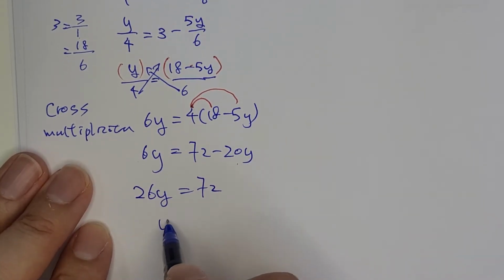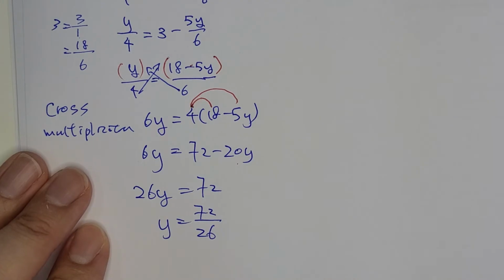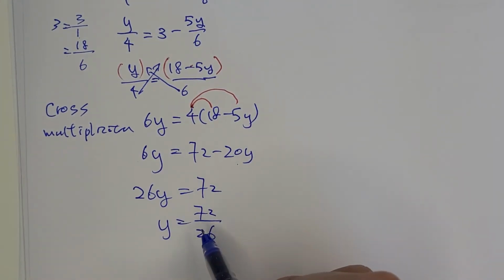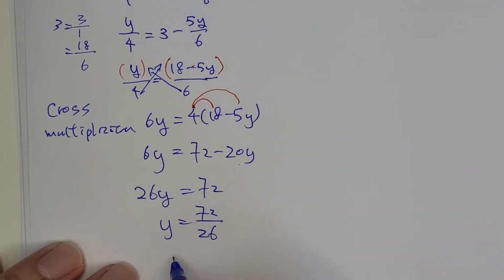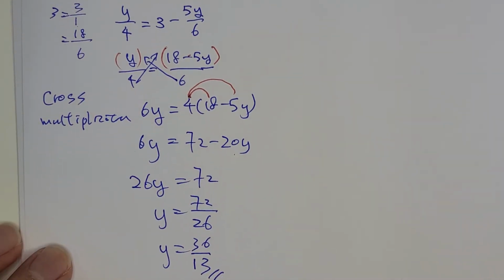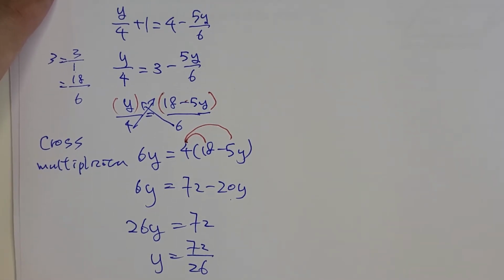Both sides divided by 26, y equals 72 over 26. But don't forget, you need to cancel the common factor to get the final answer. So y is 36 over 13. Okay, that's the first method to handle this question.